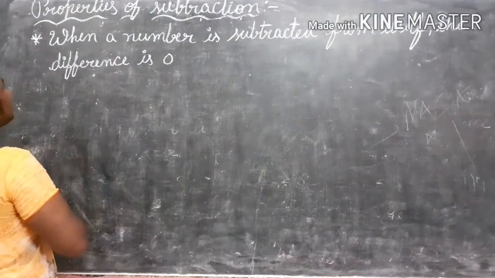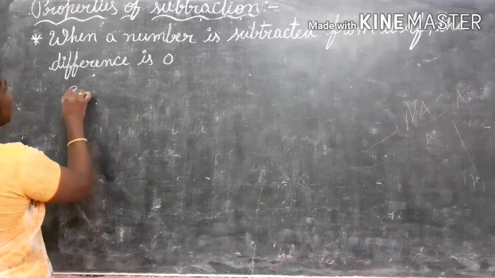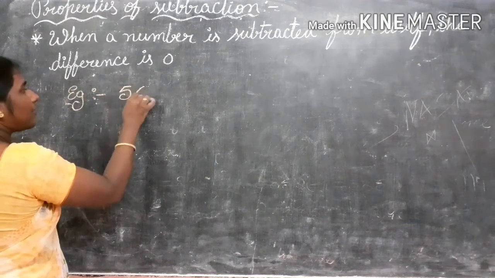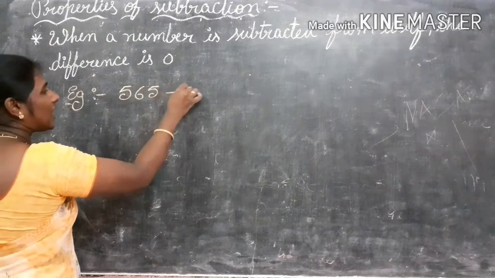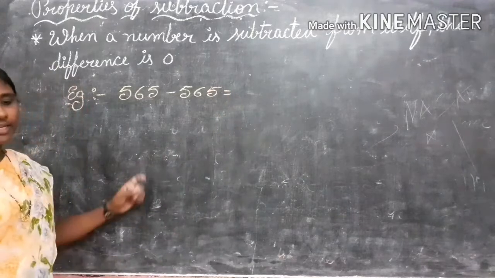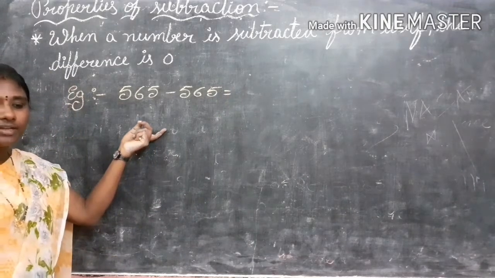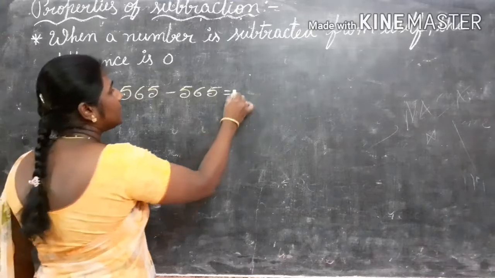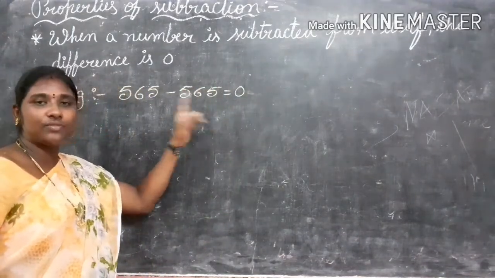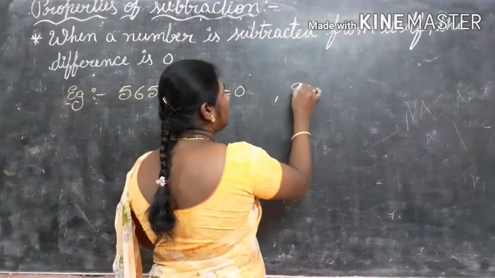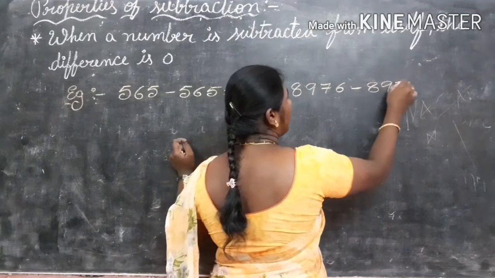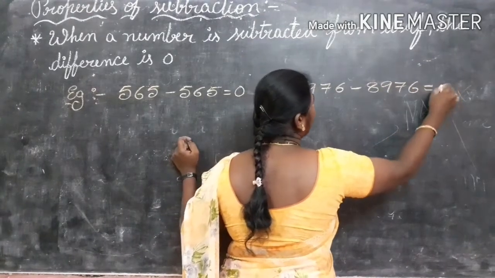Suppose, for example, 565 minus 565. How much will we get? We get the same number subtracted. Yes, we will get 0. 565 minus 565 is 0. 8,976 minus 8,976 is equal to 0.